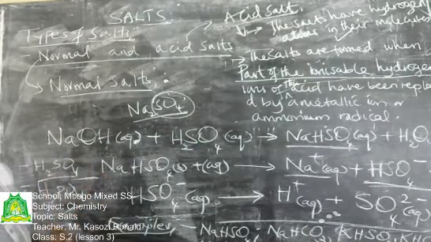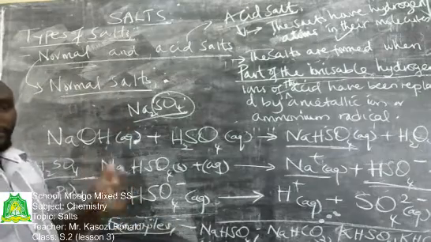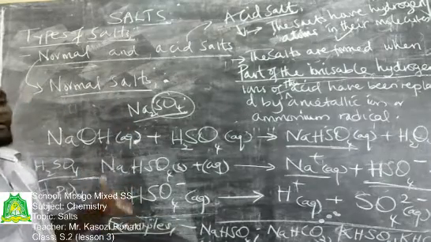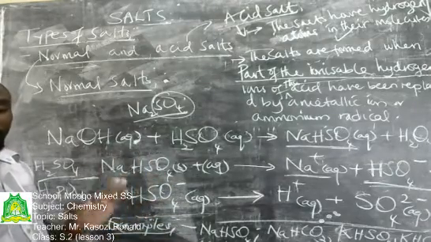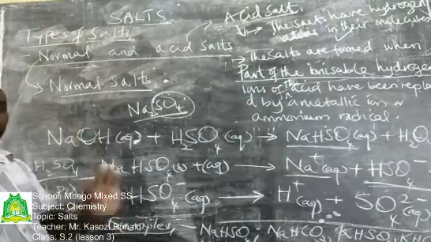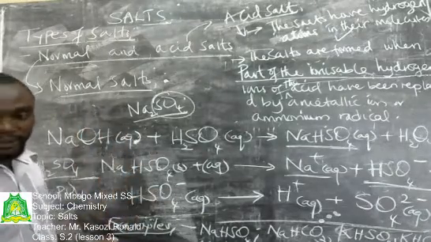The same applies to phosphoric acid. It can form a normal salt and it can form two acid salts, a hydrogen phosphate and a dihydrogen phosphate, because it produces 3 replaceable hydrogen ions per molecule of the acid.